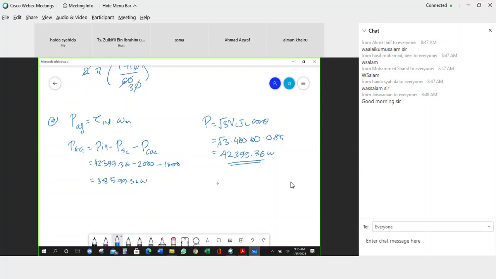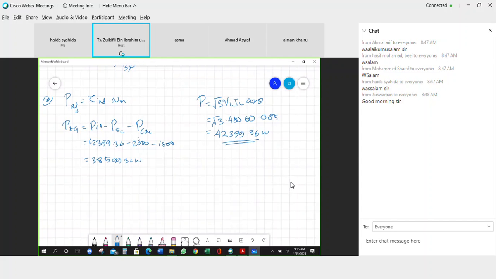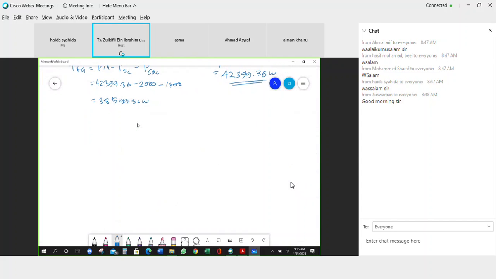So number two, the converted power. As mentioned earlier, the converted power P converted equals the air gap power minus the copper losses of the rotor.